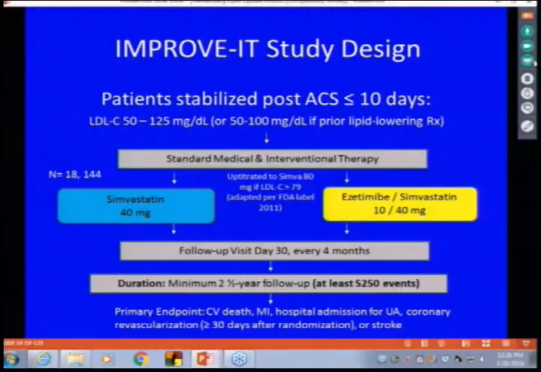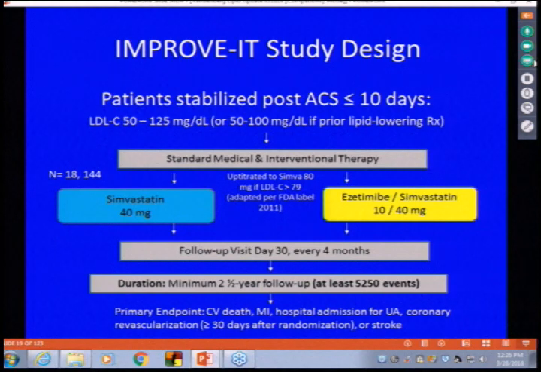So this is the trial that's always talked about, IMPROVE-IT. This is where patients who had acute coronary syndrome, so right out of the box, this may not apply to your patients who have chronic, stable ischemic heart disease, but they added it to moderate dose simvastatin.